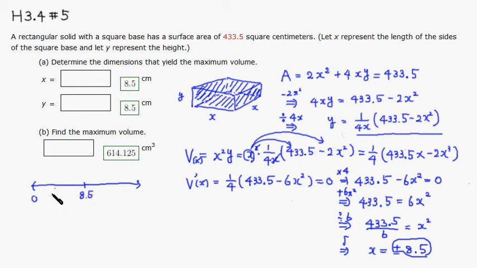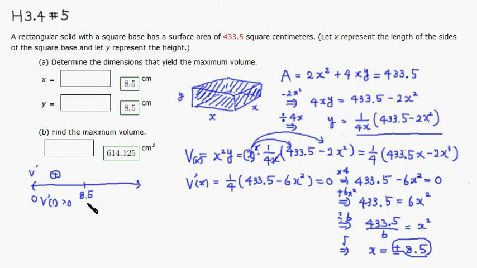We can try anything smaller than 8.5, so V prime of 1. If you plug in 1 here, 433.5 minus 6, which is definitely positive. So V prime is positive on that interval.